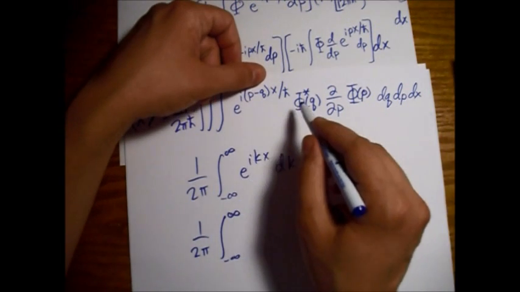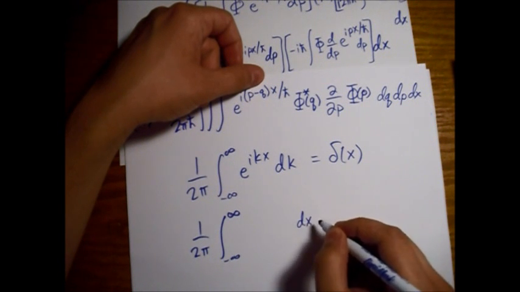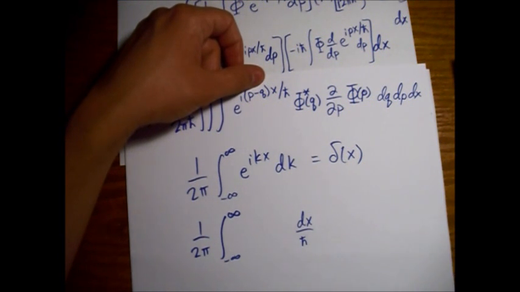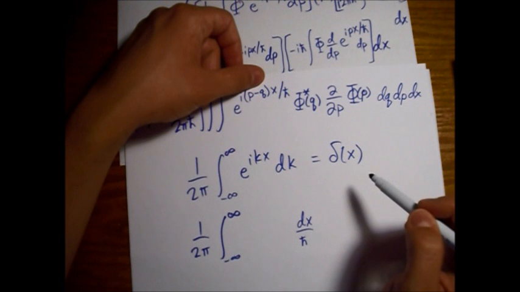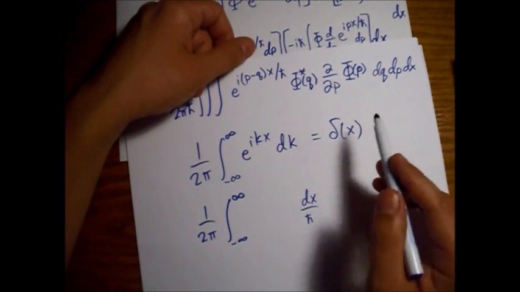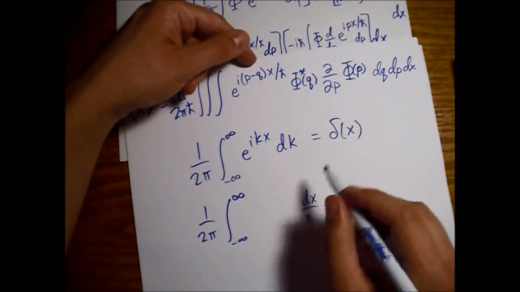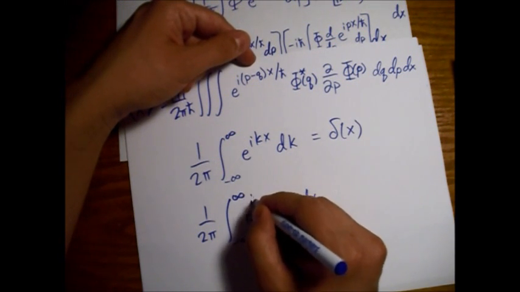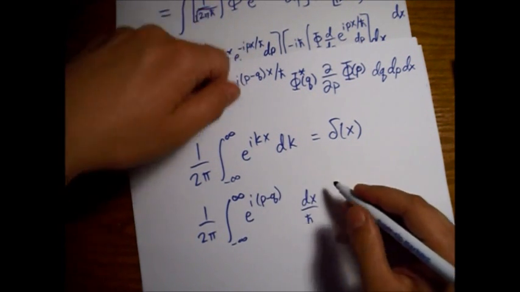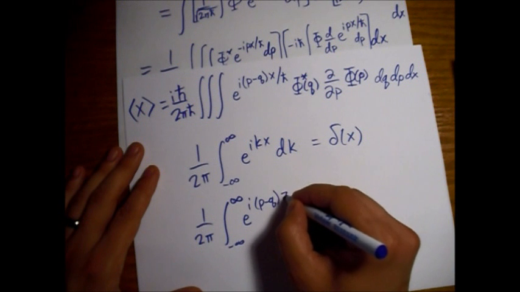So we are going to have a dx over ħ. Let me just call x over ħ a different variable, z.